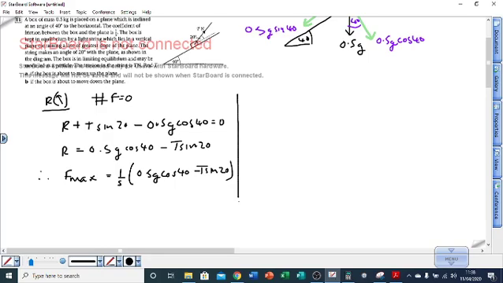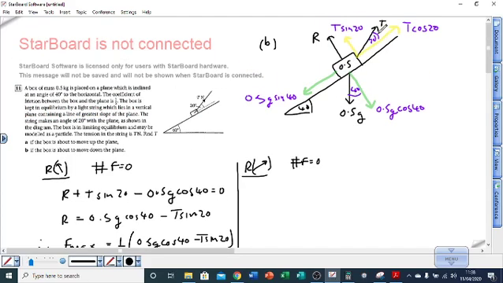So coming across here now, I'm going to resolve parallel to the plane. We'll say up is positive, using again net force is equal to 0. Looking at the diagram, I haven't put F max on. It's about to move down the plane, so F max will oppose motion, and it is F max because we're in limiting equilibrium.